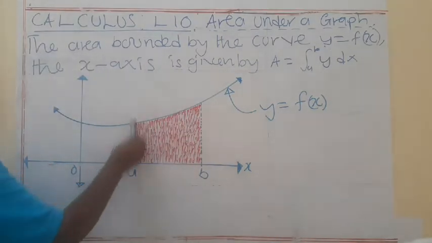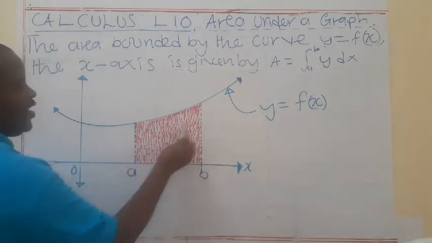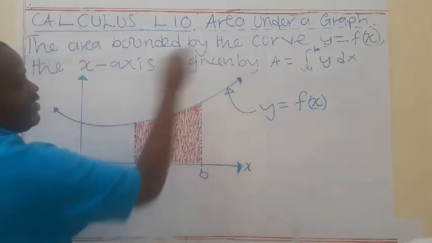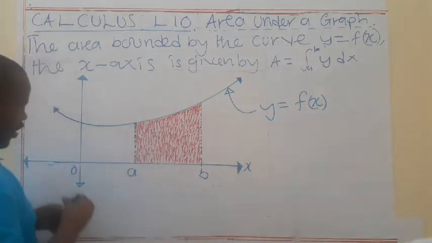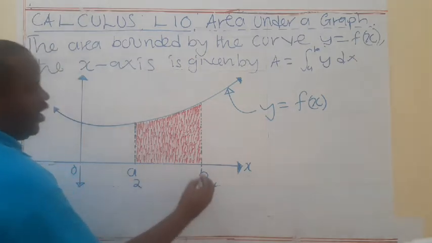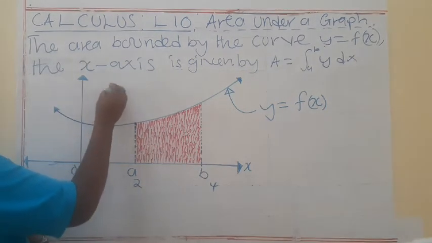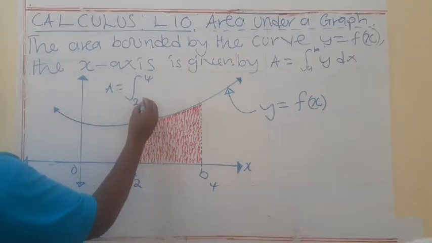Okay? So if this is our interest, how do we get this area? To get this area, you must integrate this. So your limit will be from A to B. So if this is 2 and this is 4, it means here we are going to say area is equal to the integral from 2 to 4 of what?